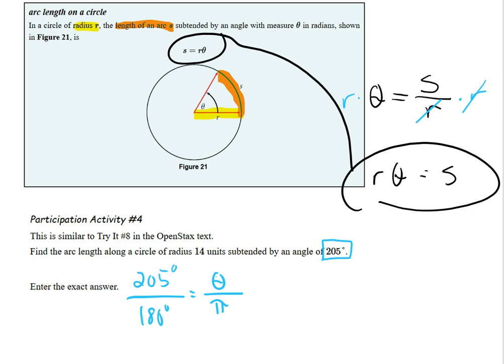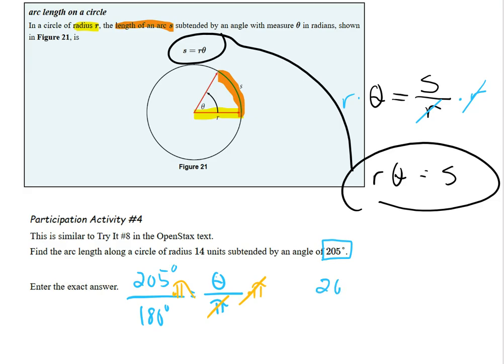Okay, so you're just going to multiply both sides by pi. So that crosses out, and theta is going to be 205 pi over 180.